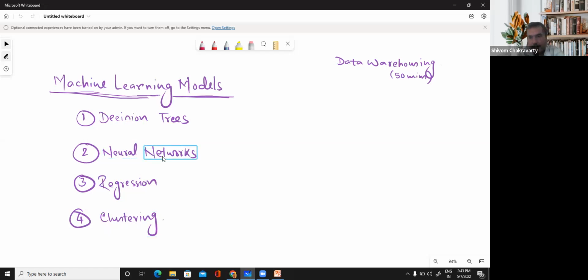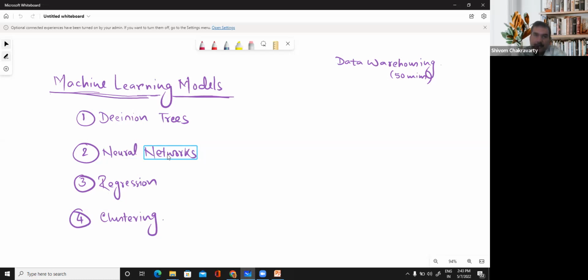Neural networks, we cannot simulate as such. Only the real working we can witness. So neural network also we will discuss again in broad outline, but we won't be able to solve problems as such because everything will be an assumption.